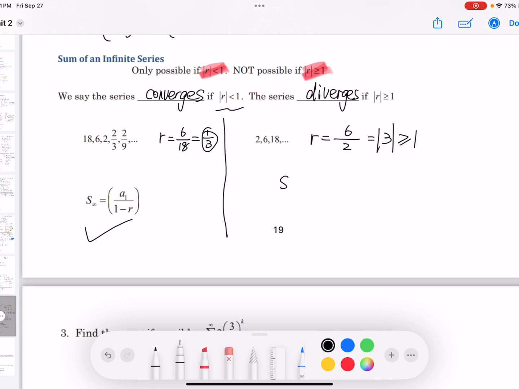If I'm looking for the sum of this sequence, that is infinity, because I'm getting a huge number in a sub n. So the sum of this sequence is infinity. And also, if r is a negative number whose absolute value is greater than or equal to 1, then the sum is negative infinity.